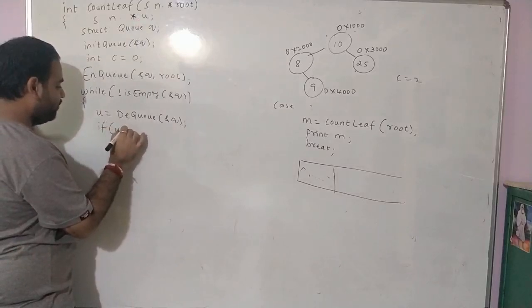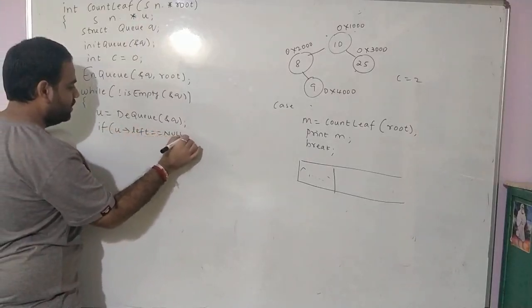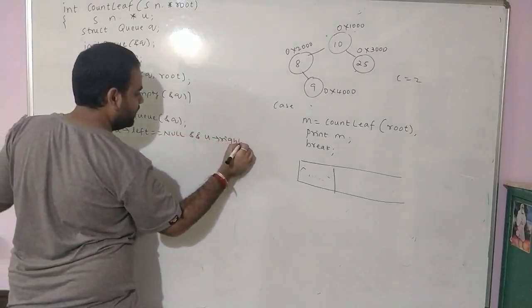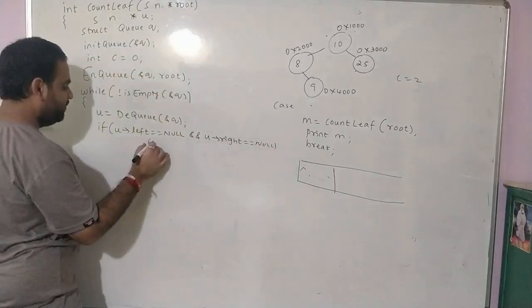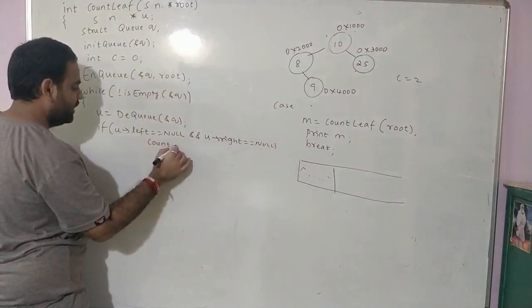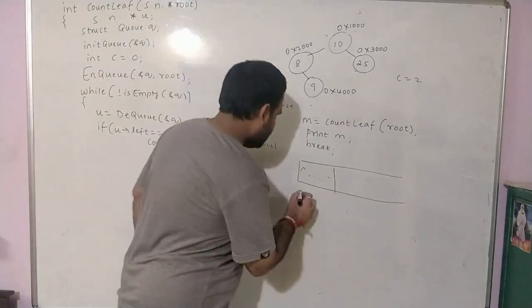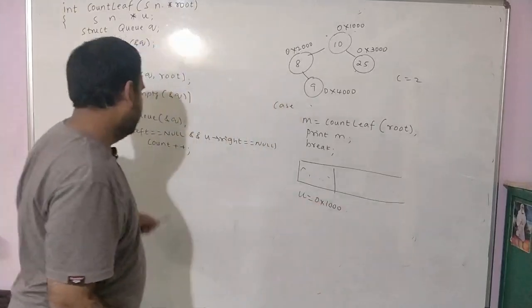We say if u arrow left is equal null and u arrow right is equal null, that means it is a leaf node, and if it is a leaf node, we should increment the count. Now what is u? U is 1000. 1000 arrow left, is it equal null? No, therefore do not execute this.